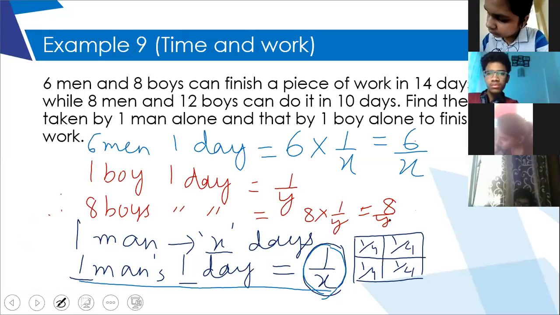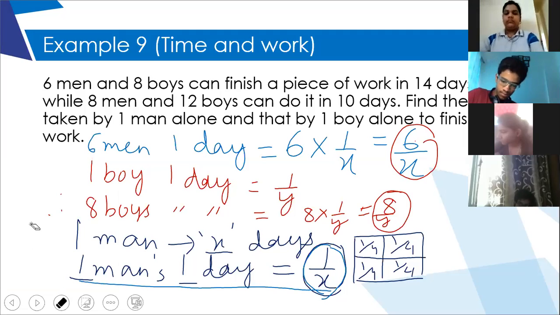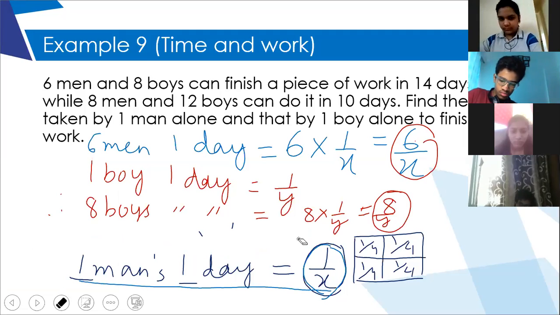So now together what I have formed is 6 men, one day, and 8 boys. That means if for one day you are employing 6 men and 8 boys, they are finishing this amount of work. So I'll just erase this, children.